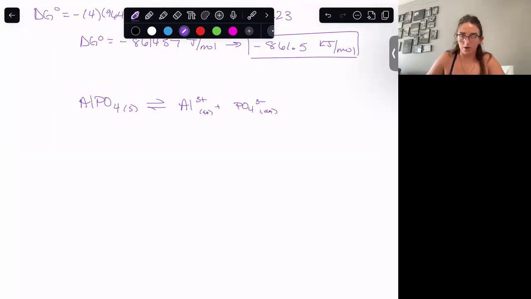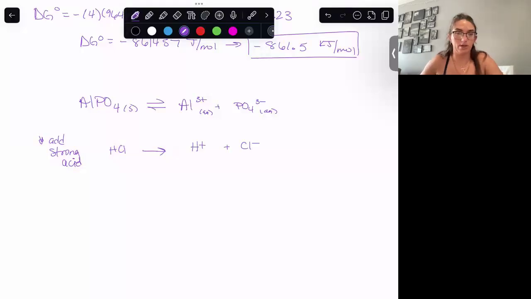If we were to add a strong acid, let's say HCl, that puts H plus and Cl minus ions in solution. Would we agree?